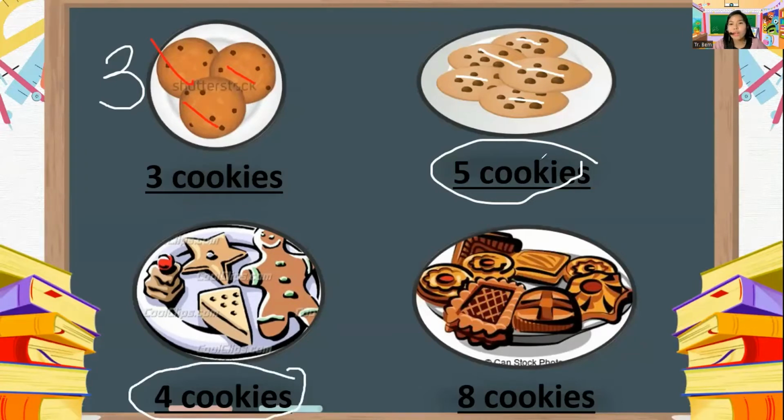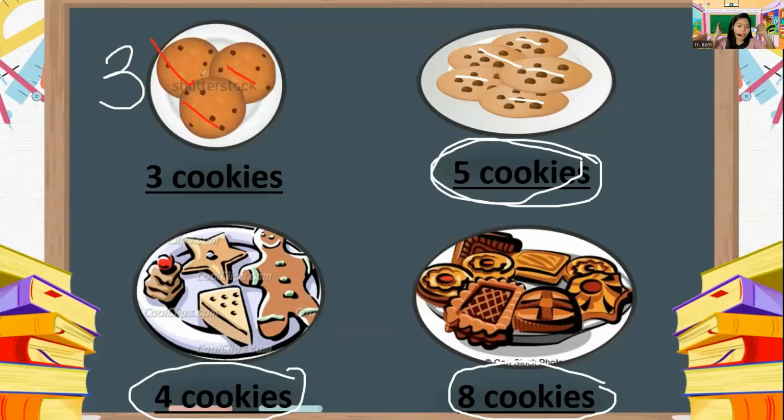And the third plate, we have five cookies. And the fourth plate is one, two, three, four, five, six, seven, and eight. So how many cookies do we have here in the fourth set? We have eight cookies. All right.